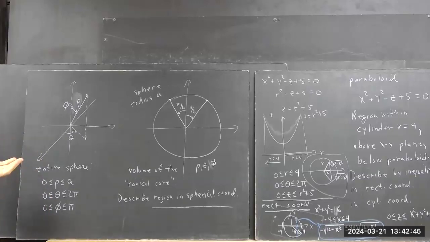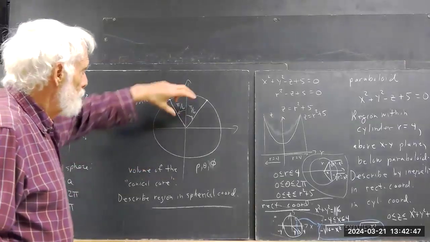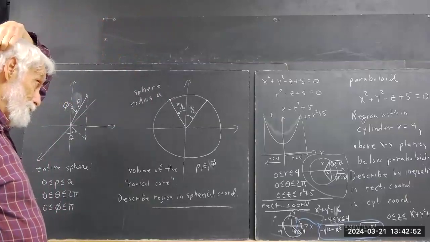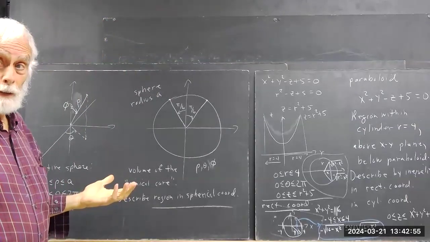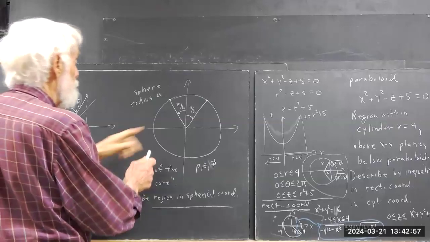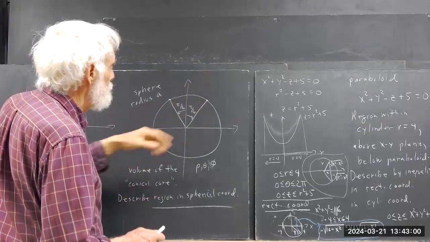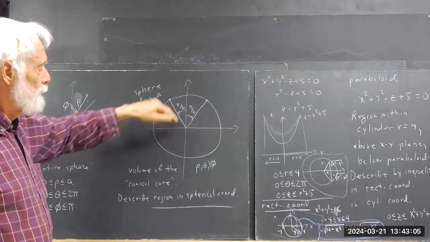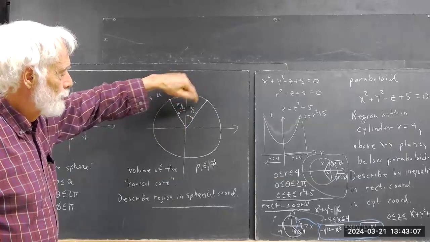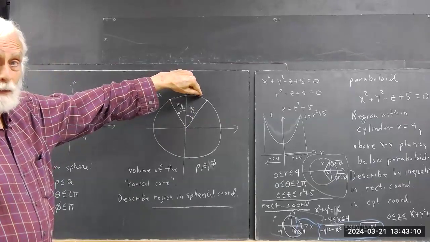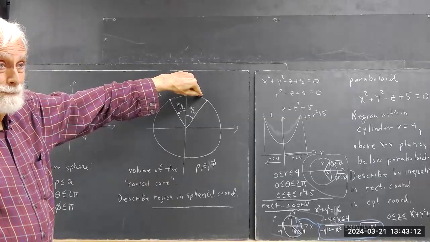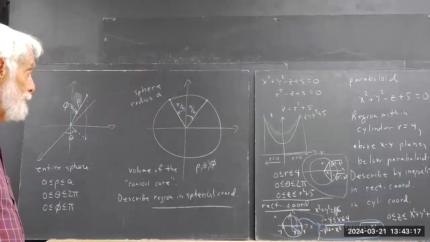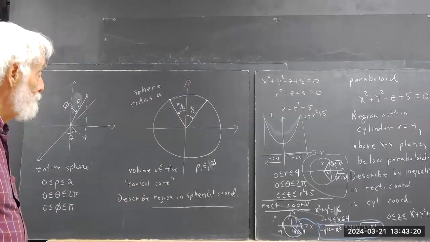Okay, so what are your restrictions here? Within this cone, your radius can go from 0 to A for any angle, right? Because no matter what direction you start out, you don't run into a restriction on rho until you get to the edge of the sphere at distance A. So rho gets to go from 0 to A throughout the region.